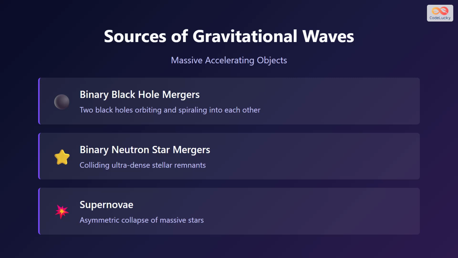Supernovae can also produce gravitational waves, particularly when a massive star explodes asymmetrically as it collapses at the end of its life. In all these cases, the common factor is enormous masses moving at high speeds and changing direction rapidly, creating the disturbances in spacetime that we detect as gravitational waves.